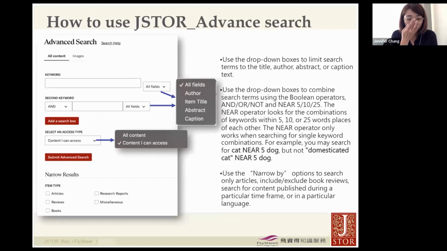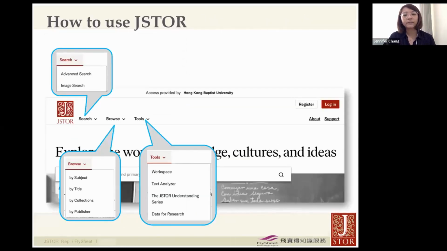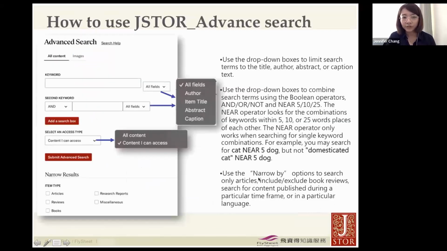Okay. So the next page is about advanced search. We did not pay much attention to basic search because you can key in any words that you would like to search in this blank. So we'll directly move on to advanced search. Use the drop-down boxes to limit search terms to the title, author, abstract, or caption text.